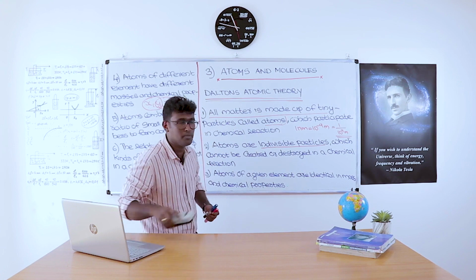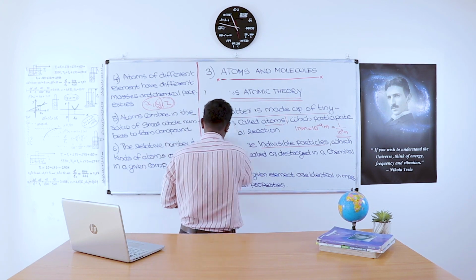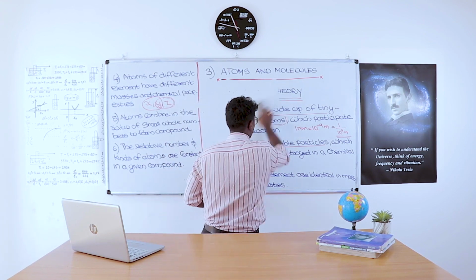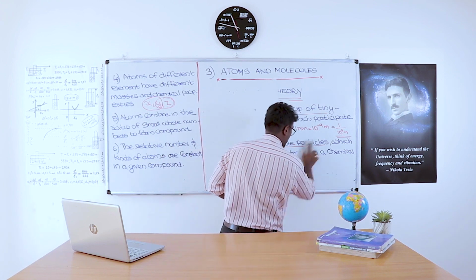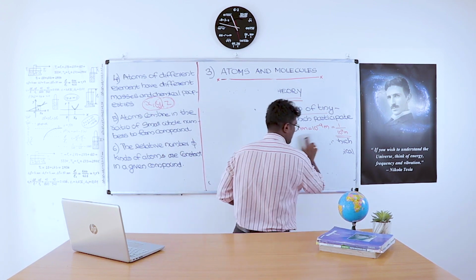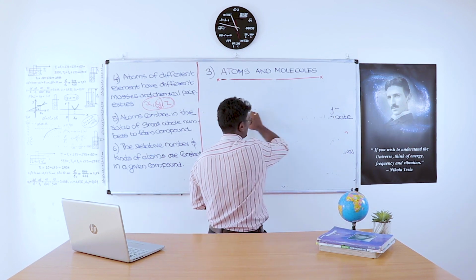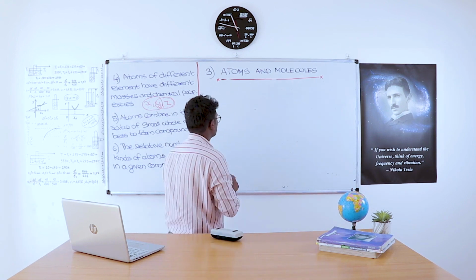What is meant by atomic mass unit? Atomic mass unit means the unit in which the mass of the elements can be expressed.